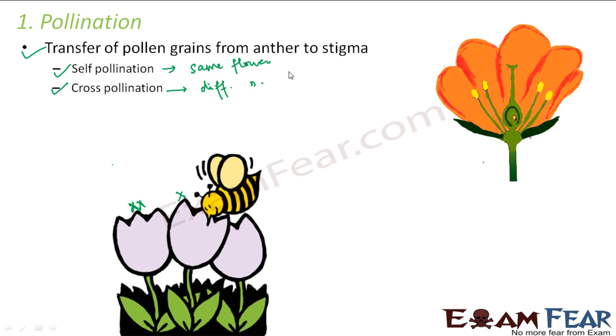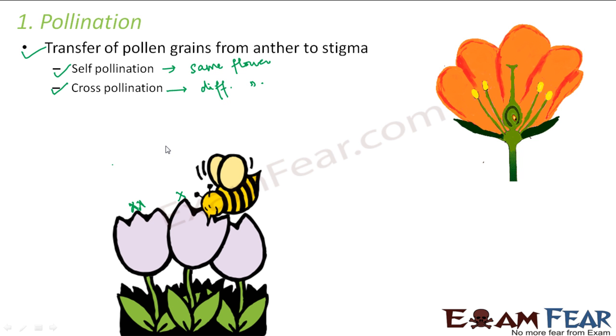In self-pollination, the flower is mostly bisexual, that means it has both the male part as well as the female part. Cross-pollination is mostly seen in unisexual flowers, which have either the male part or the female part.